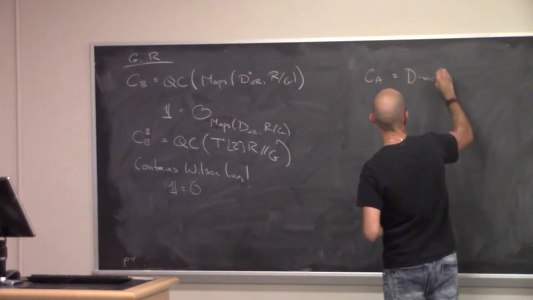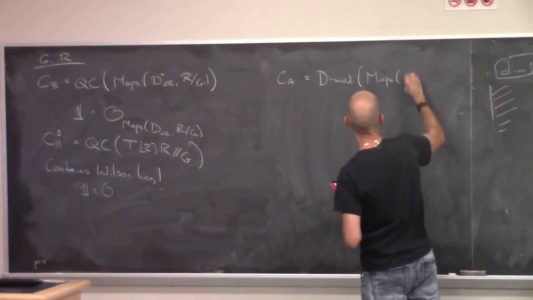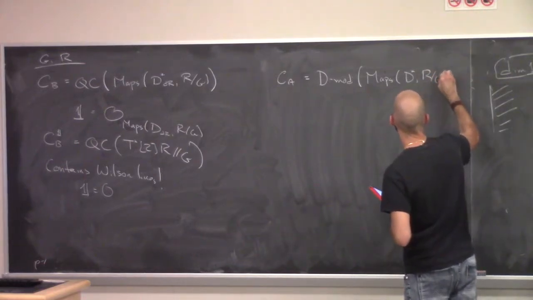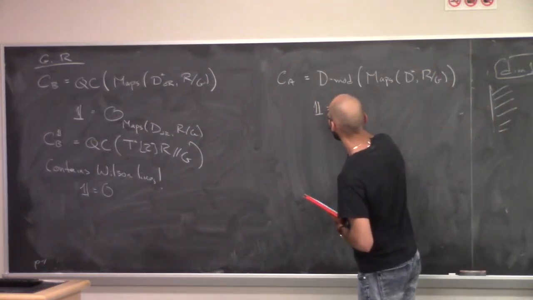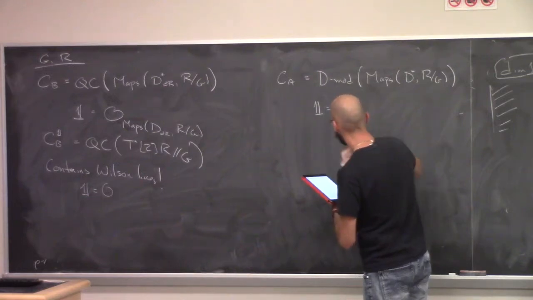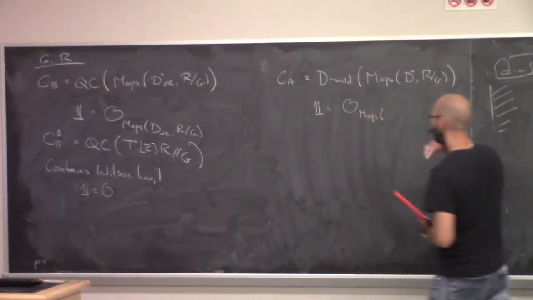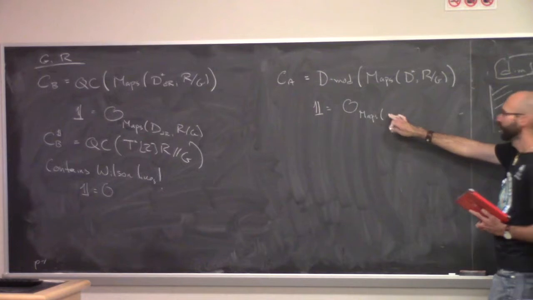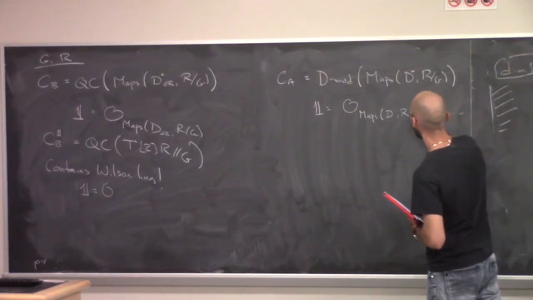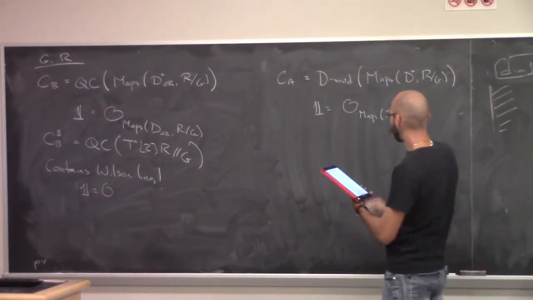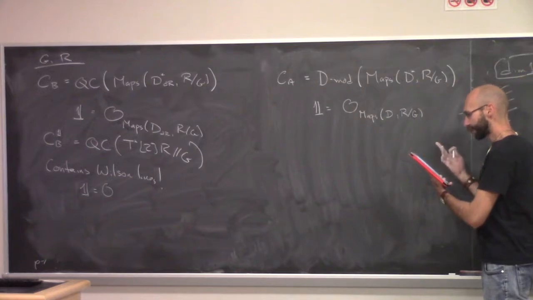So the algebraic proposal for the A category is D-modules on the algebraic loop space of R mod G. The trivial line is, in slightly abstract notation, supported on maps from the actual disk, the non-punctured disk, into R mod G. So two quick things to say about this.